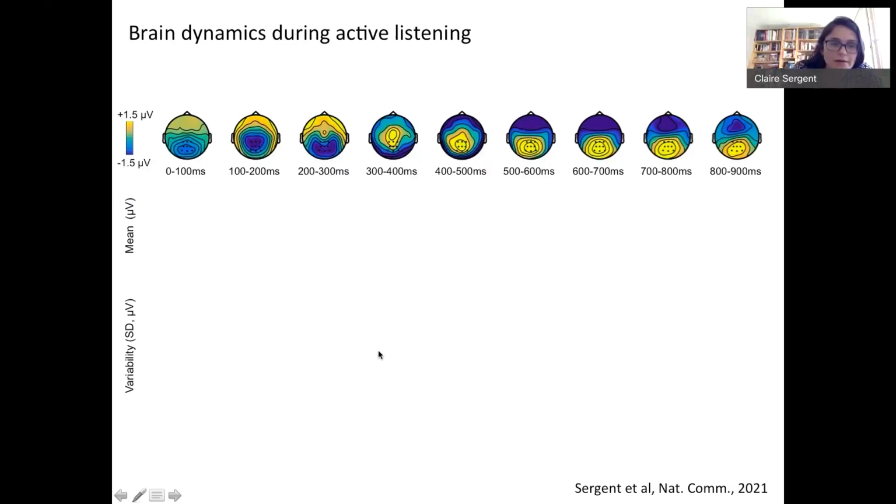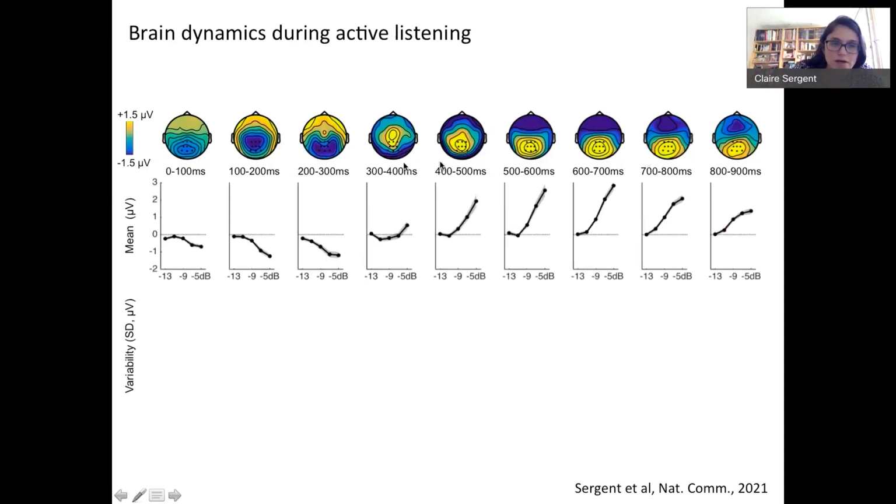So if we look at the mean activity across trials, we see that indeed it increases. So this negative activity increases, or this positive activity increases, with the stimulation strength.